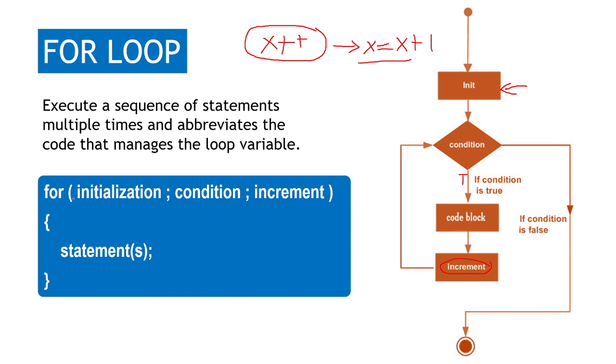Now, the syntax of using the for loop is for, then open and close parentheses, then inside it are the initialization. Let's say, for example, x is equal to 1, y is equal to 1, or any variable equal to a number. Then a condition, say for example, is x less than or equal to 5, or something like that.